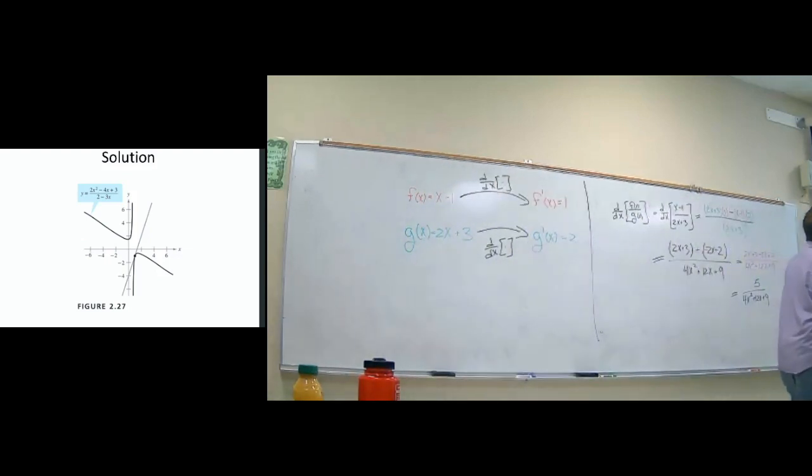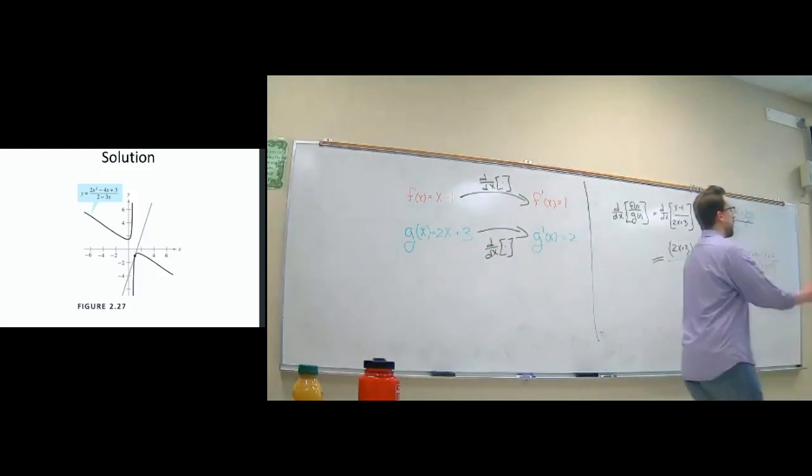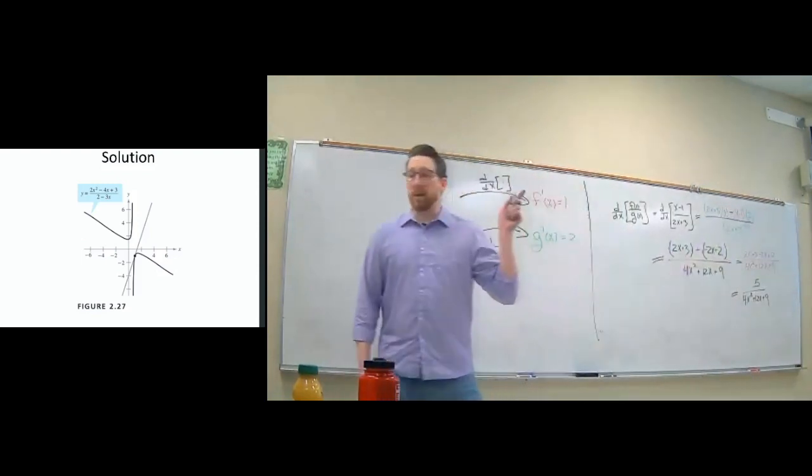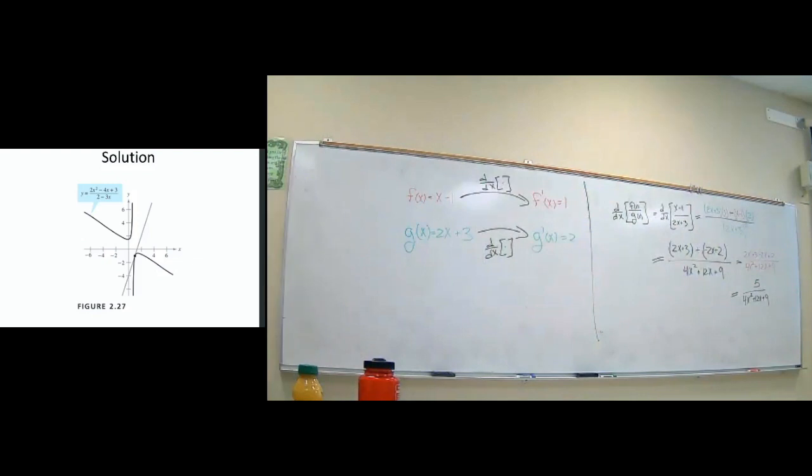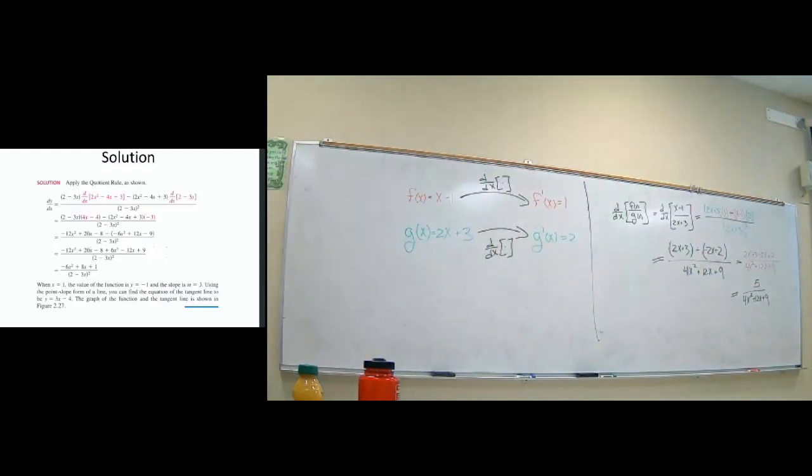All right, so what we want to do is find this line. This is the line tangent to our graph at x equal to 1. So what we're going to do is apply the quotient rule. That's going to give us the equation that lets us find the slope of our tangent line, right?